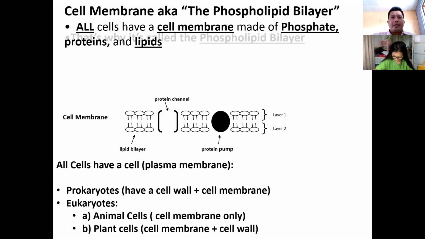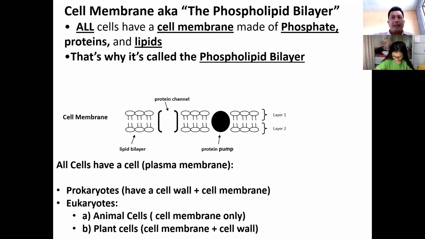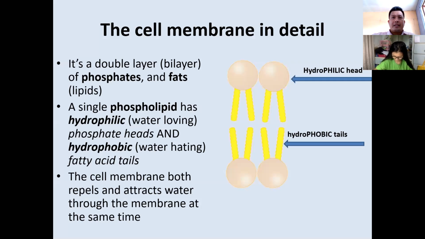So again, the structure there is a bilayer. This is a bigger size of the anatomical structure of your cell membrane. We have the hydrophilic head, which means water loving, and the hydrophobic tail, which means water repelling.